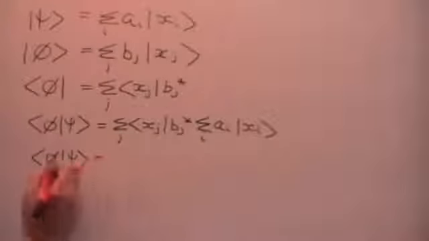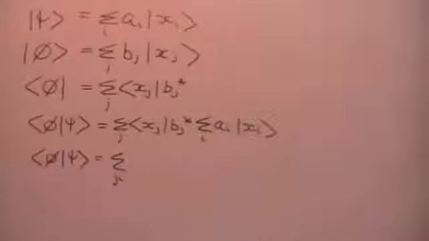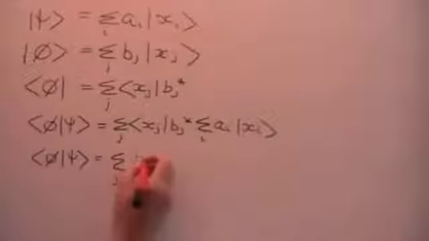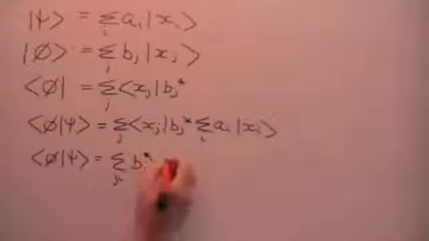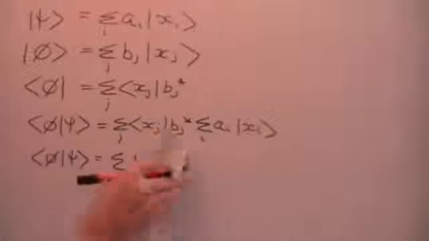So now we've got that the inner product of phi with psi is going to be the sum of, well, we know we've got to sum over j and i, so let's get rid of that there. Then we bring bj star and ai outside the notation. And there's, of course, no star on ai.